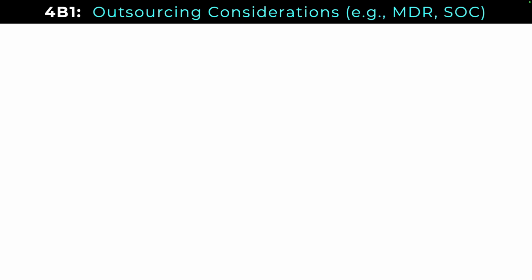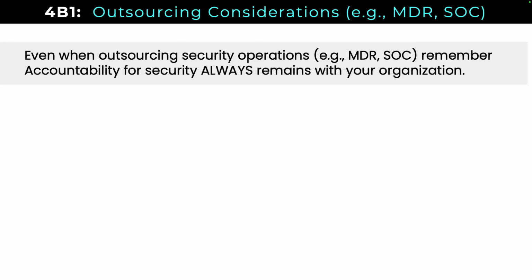So let's talk about outsourcing considerations, because even when we're outsourcing security operations, remember, accountability for security always remains with your organization. You can delegate responsibility, you cannot delegate accountability.